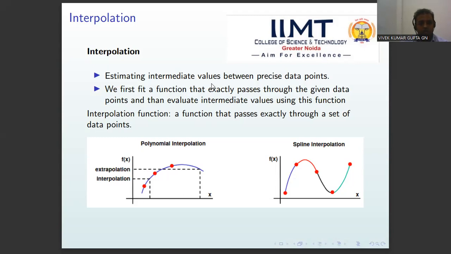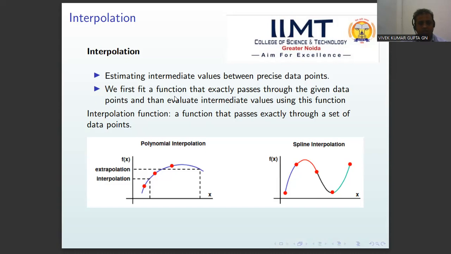Suppose we have data from 2001 to 2020, but we do not have the 2017 data. By using the interpolation methods given by numerical methods, we can find the value within the given precise data points. So how do we find the missing data values?